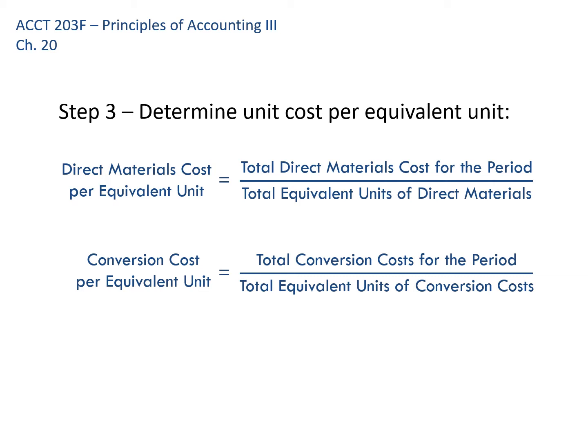And how much factory overhead was applied during the period? I can then take those costs and I can compare them to what I got done with respect to conversion costs. And remember, because materials might flow into the process at a different rate than the labor does, those can be different numbers. The equivalent units can be different figures.